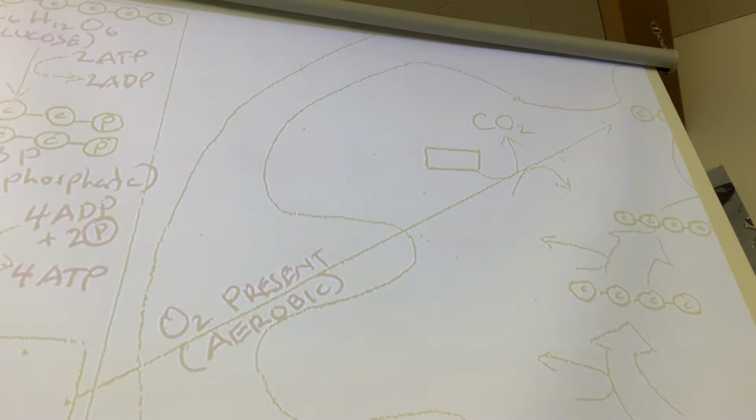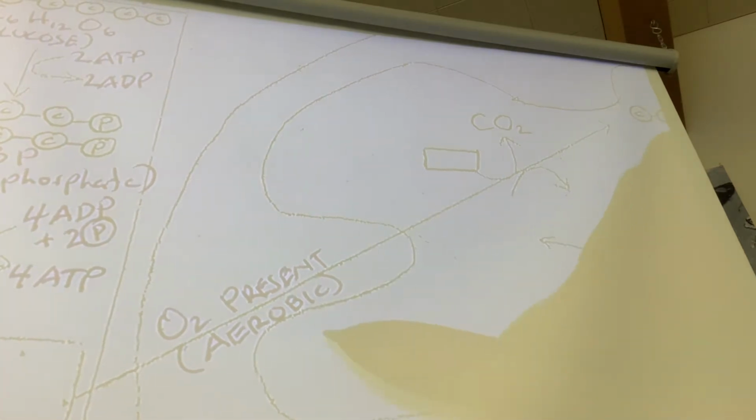Now, because I've done this before, through trial and error over the years, what we discovered was it was a lot easier to just show one pyruvate going through the process. If we did more than that, it got messy in here.